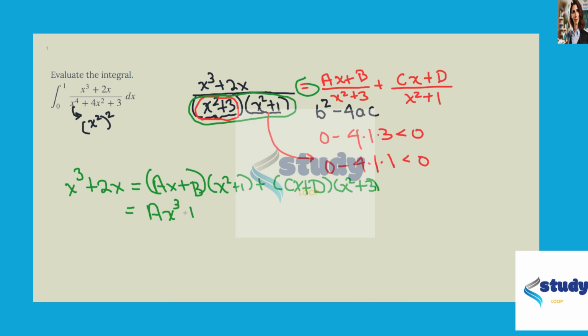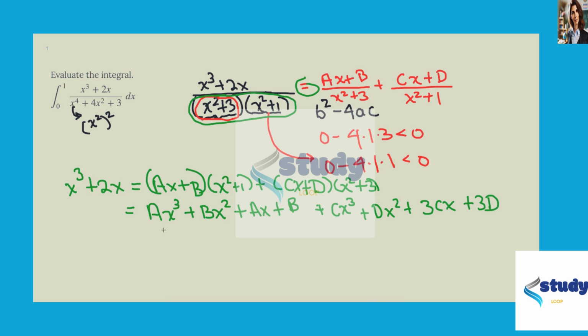We get ax cubed, bx squared, ax, b, and then for the second factor, we have cx cubed, dx squared, and then we have 3cx, and then 3d.